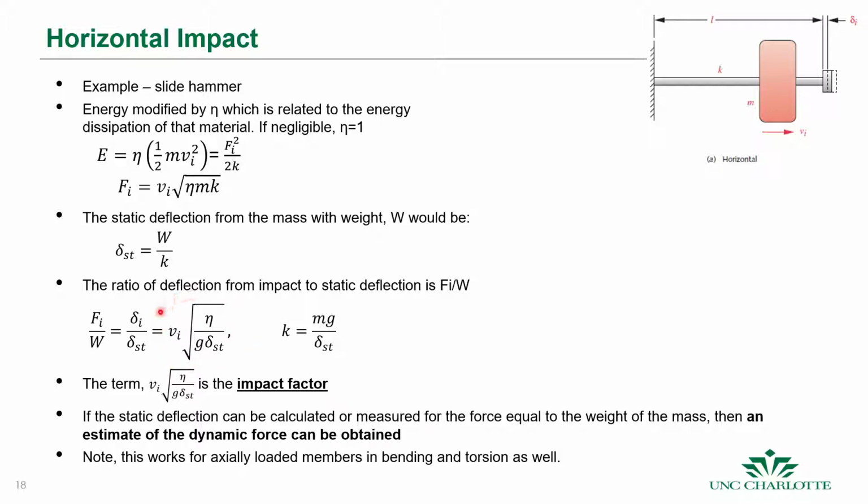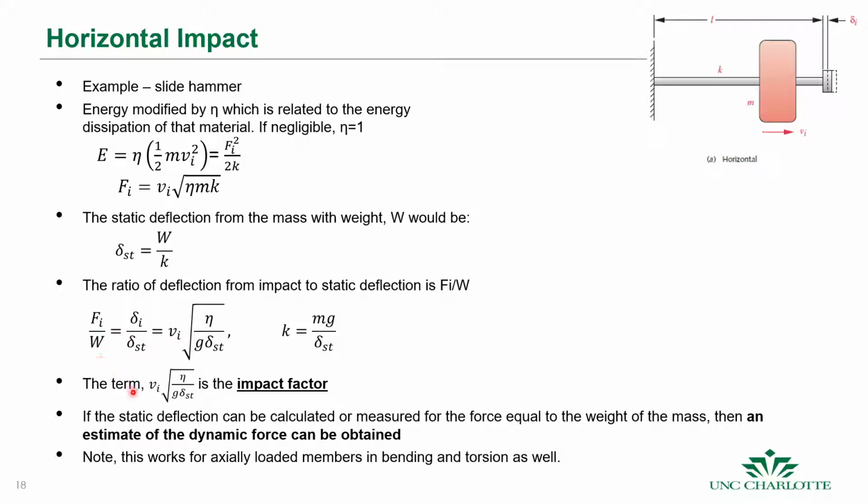And this term here is what we call the impact factor, and it gives us a ratio of the force you experience during impact versus the force you would get if you just set that object on that weight.